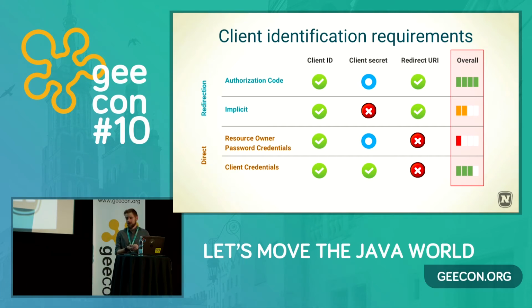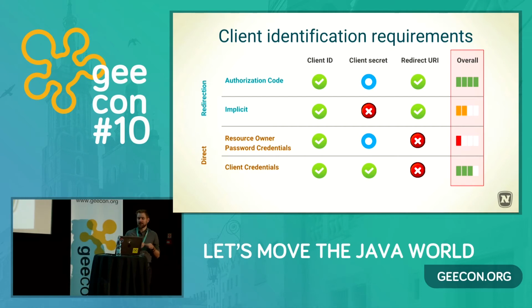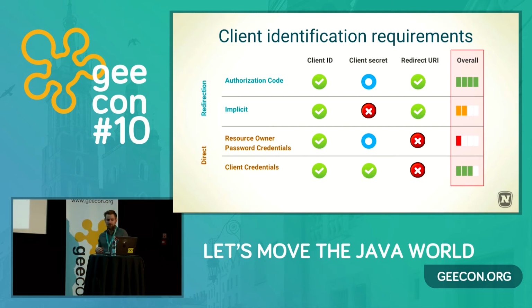When we've got a web application, what we should actually use is the authorization code. It has the strongest client identification mechanism, and it should be used to verify that the client is what it is meant to be. Okay?